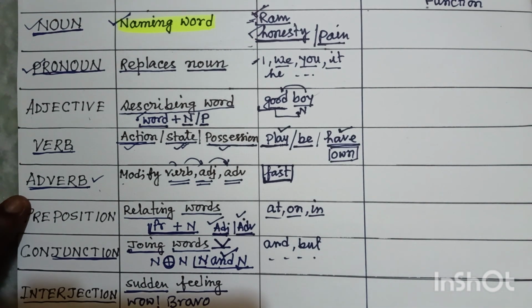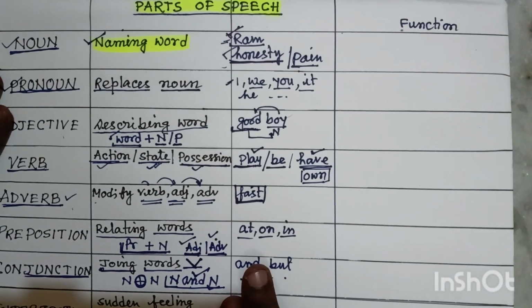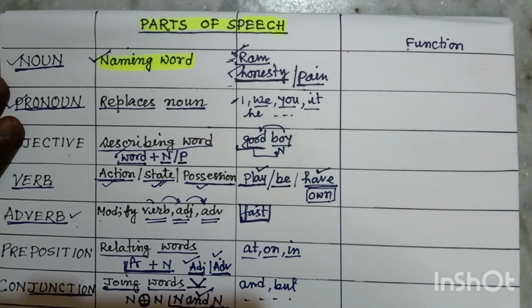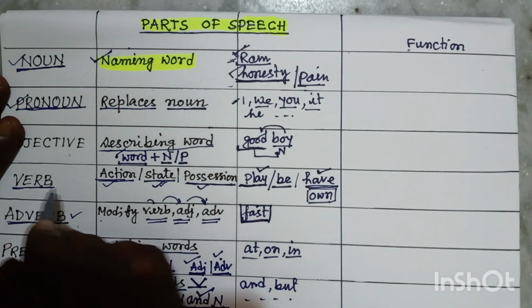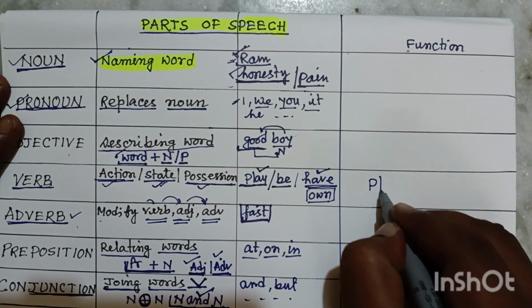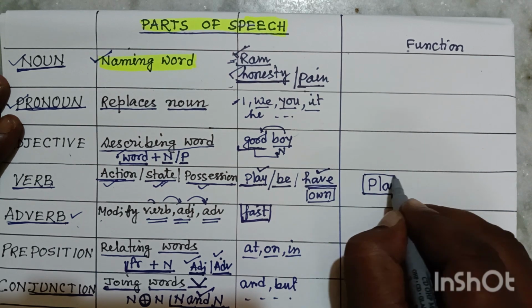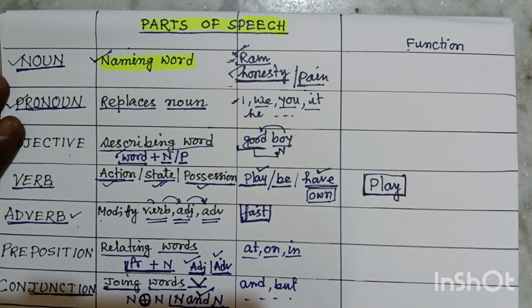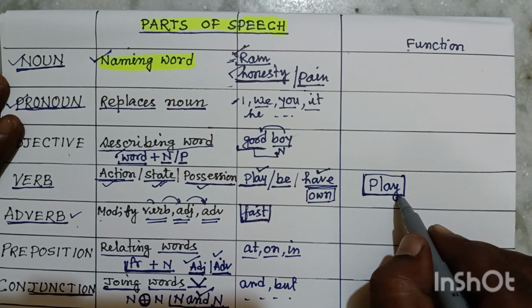Friends, one thing I'd like to mention here, all the words which are used in English sentences are not absolute. Suppose this one, verb, I have written here play. Friends, we cannot call play a verb if we see only this word. It is basically a word.